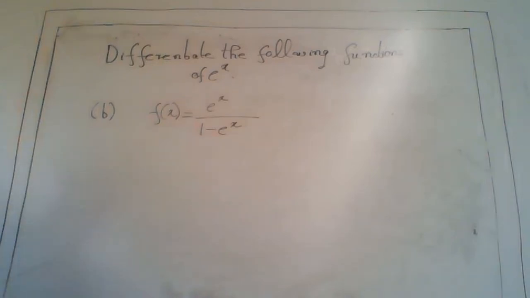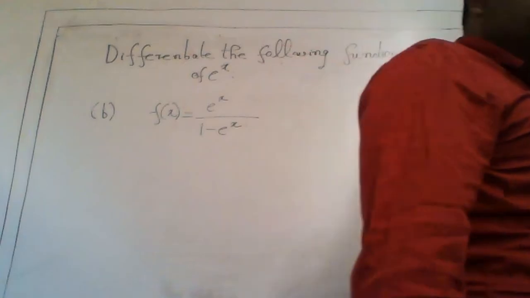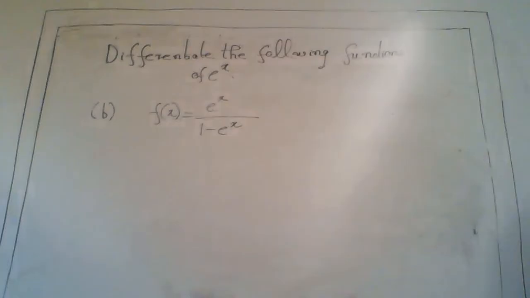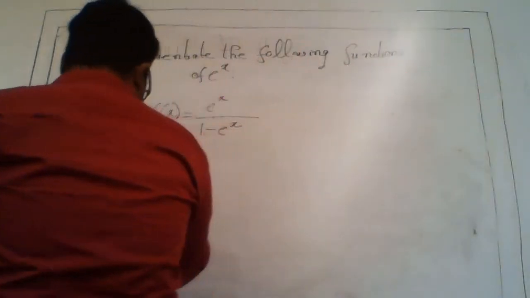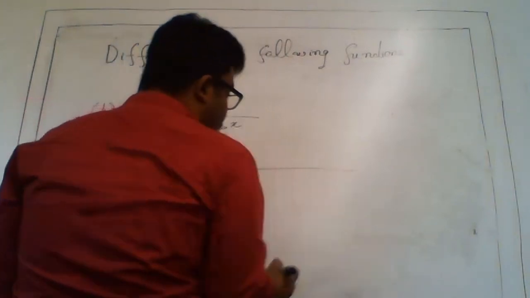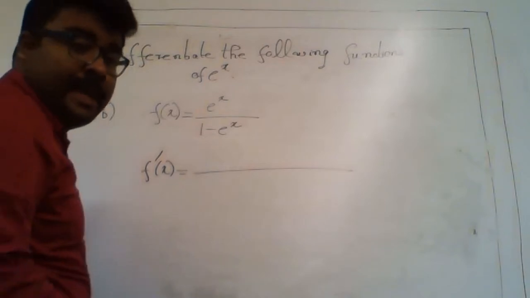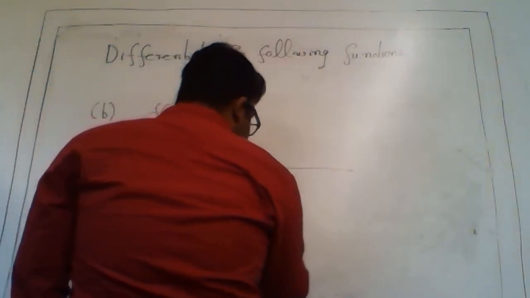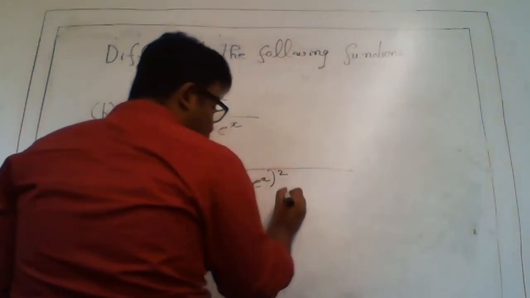So clearly we have to apply the quotient rule first. So applying the quotient rule, f prime x would be, first the denominator square. In the denominator I have 1 minus e to the power x. So 1 minus e to the power x whole square.